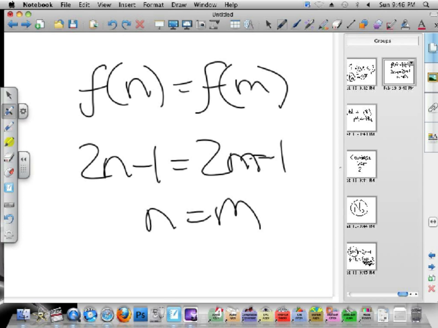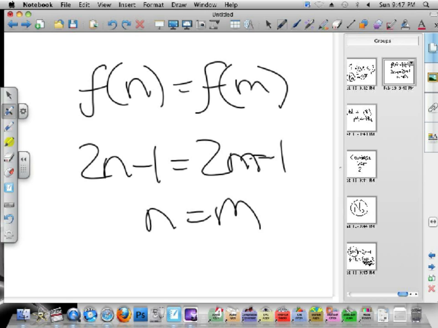Now, to show that f is onto, we're going to choose an odd integer x, and by inspection note that x is 1 less than an even integer. Since every even integer can be denoted by 2k, then every positive odd integer is a possible value of f of n.